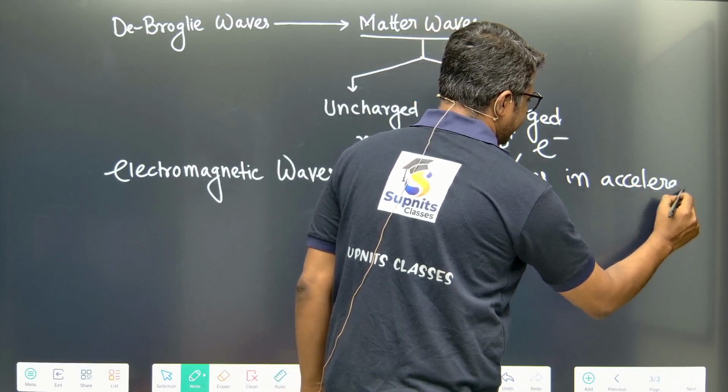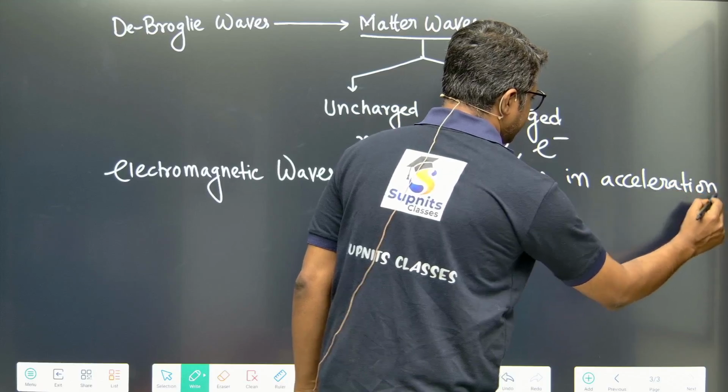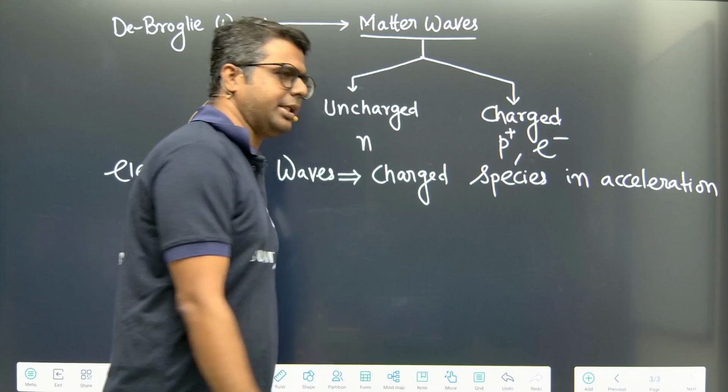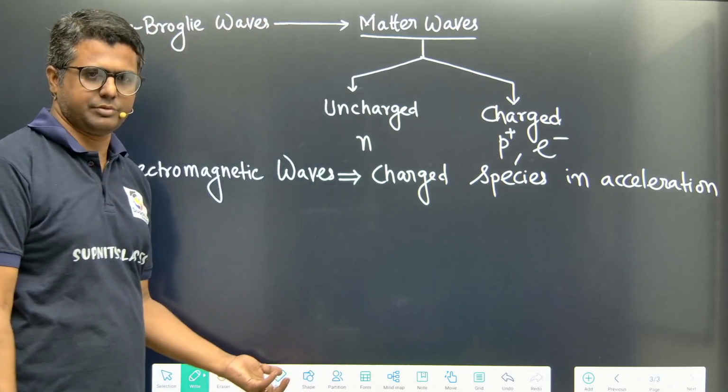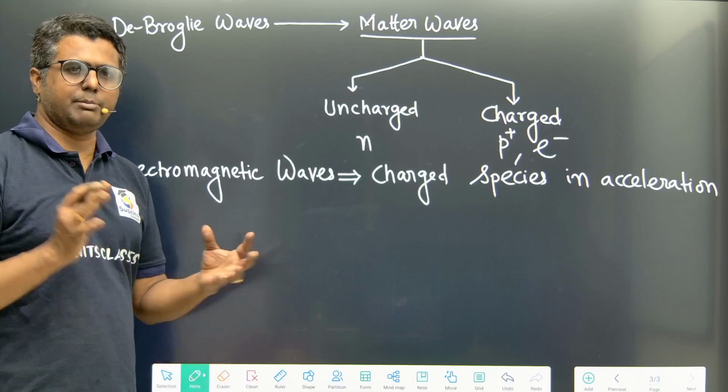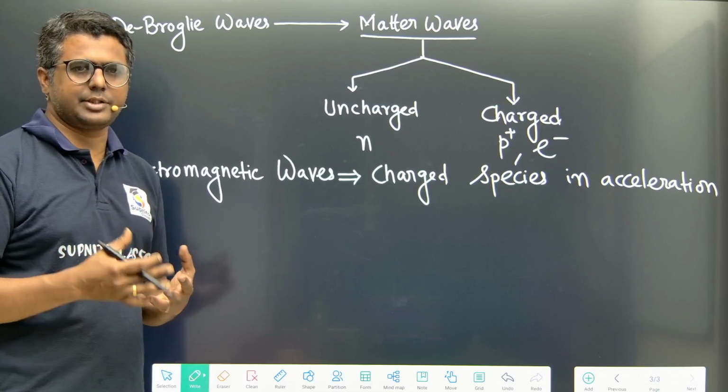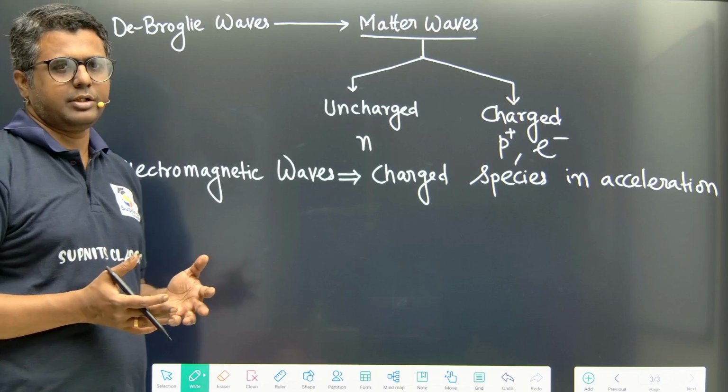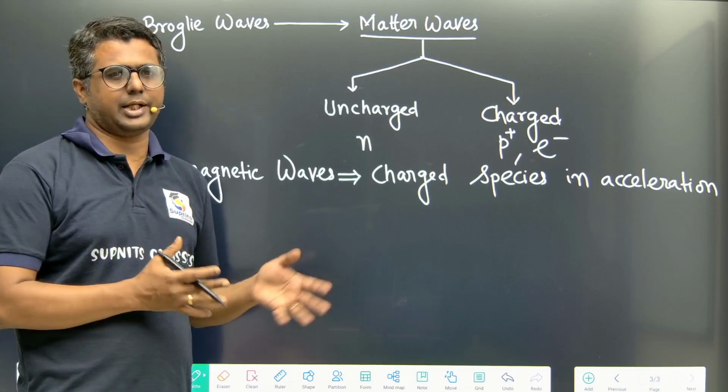If there is no acceleration or there is no charge, then we cannot call that an electromagnetic wave. That is the origin of electromagnetic waves. It is due to the electric field and the magnetic field causing acceleration. And see, an electric field can cause acceleration only in the case of charged species.